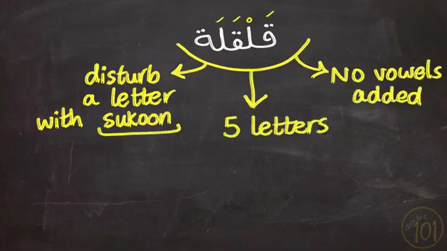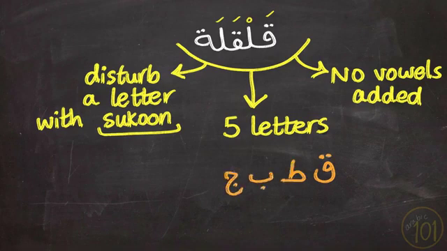And it only concerns 5 letters: Qaf, Ta, Ba, Jim, and Dal. And together they form the word Qutb Jadd, which is an easy way to remember these 5 letters.